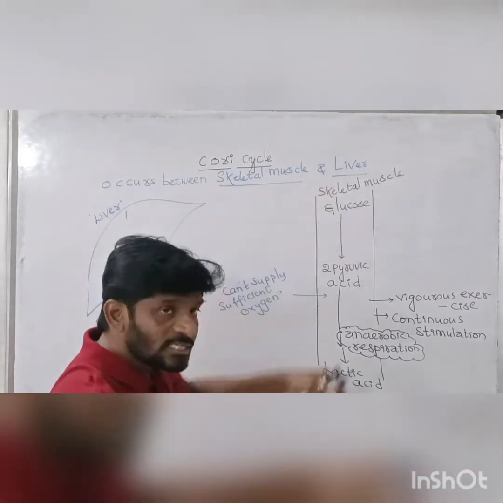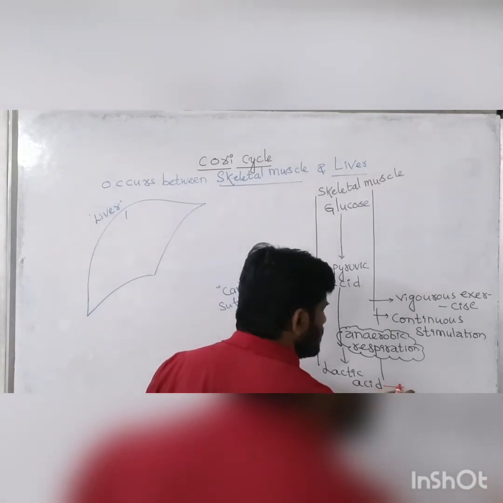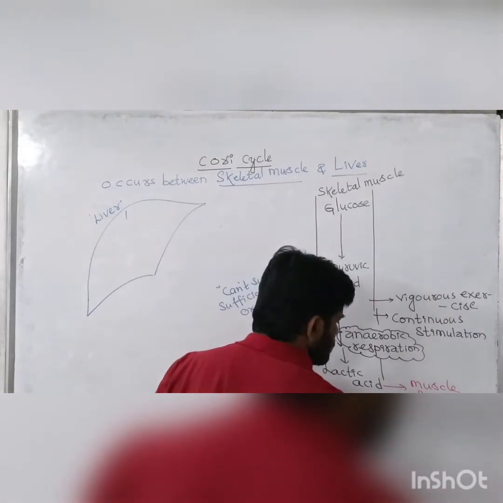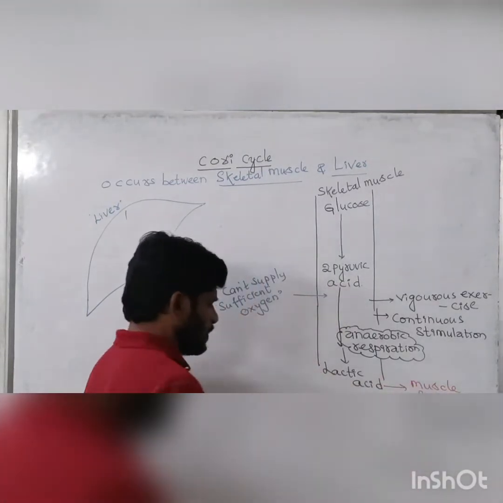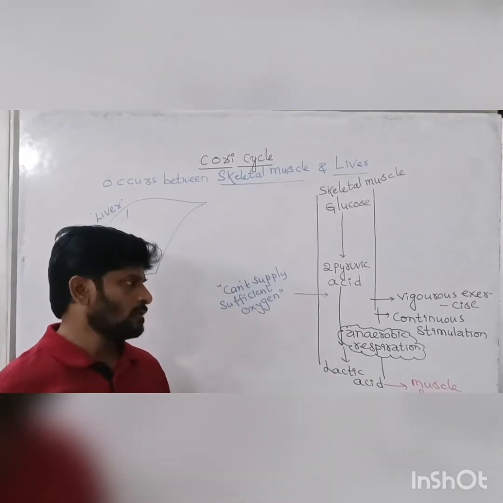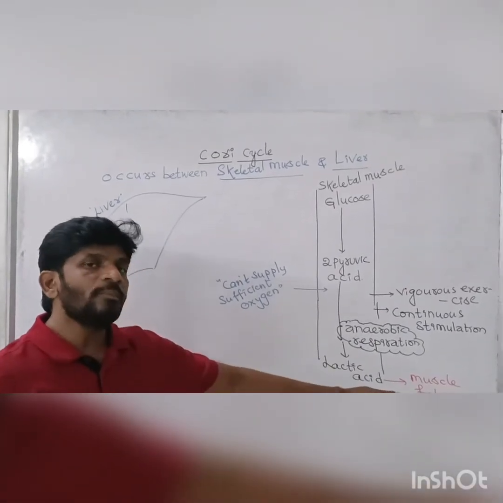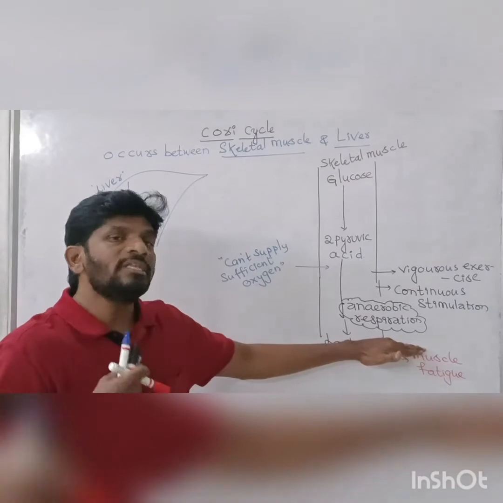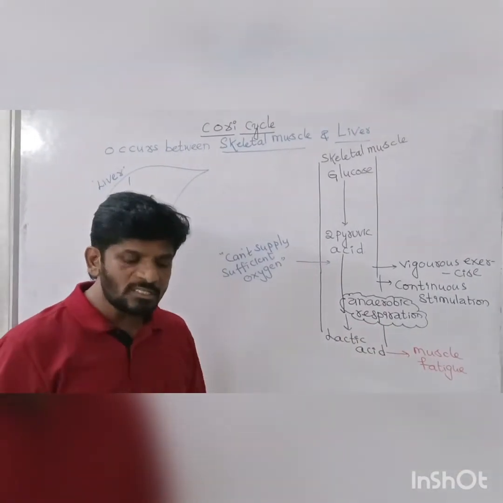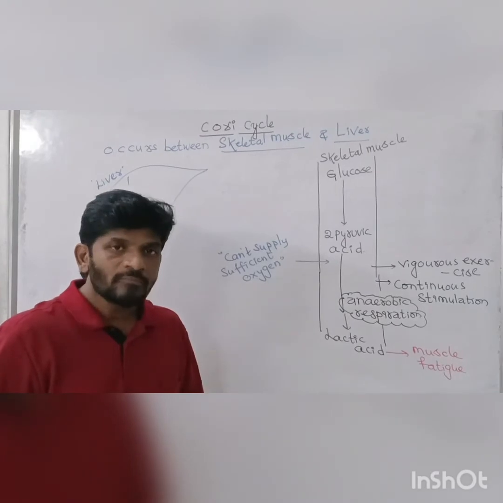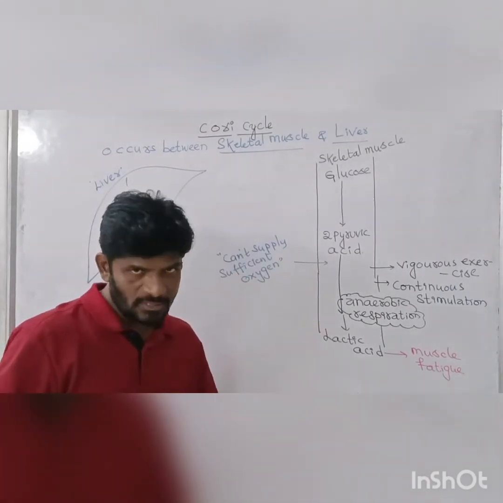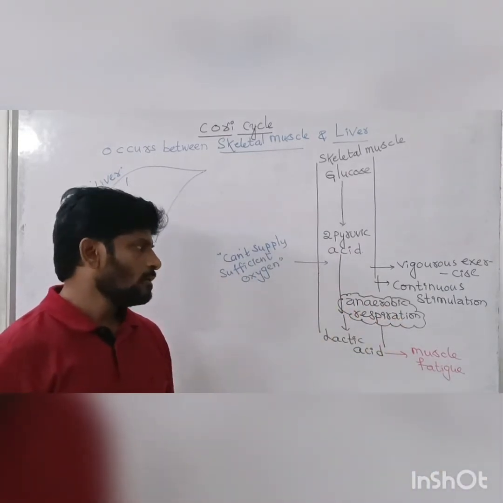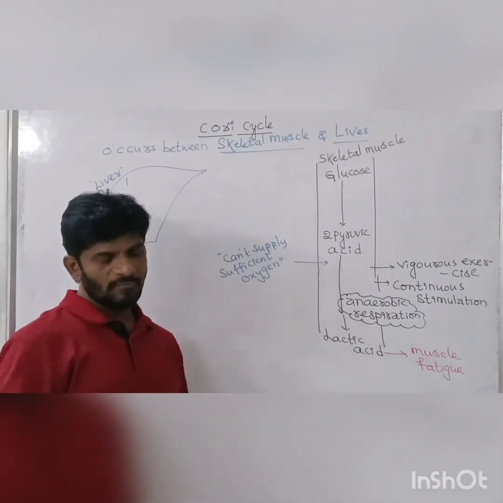Accumulation of lactic acid in the skeletal muscle leads to muscle fatigue. So, what is the reason for the muscle fatigue? Because the muscle accumulates lactic acid, because it respires anaerobically, because in vigorous exercise or continuous stimulation the muscle is unable to supply sufficient oxygen. No oxygen, anaerobic respiration, accumulation of lactic acid leads to muscle fatigue.